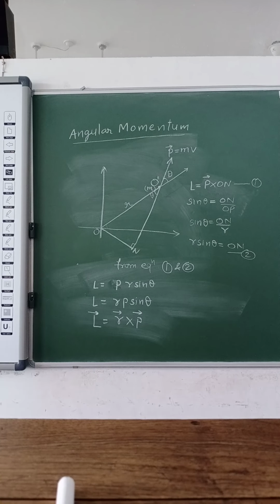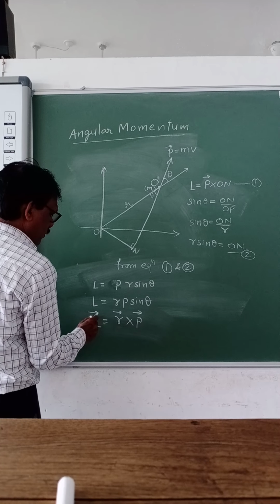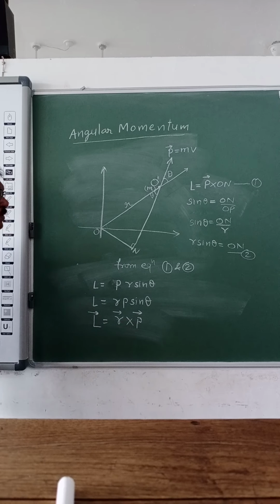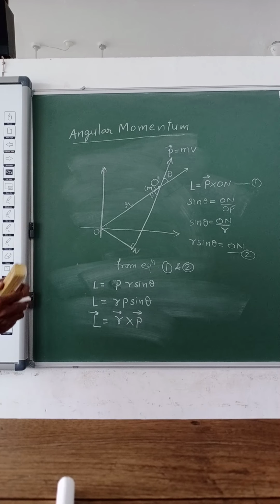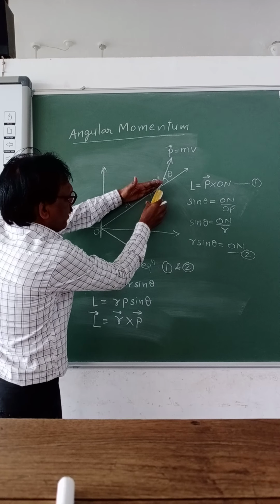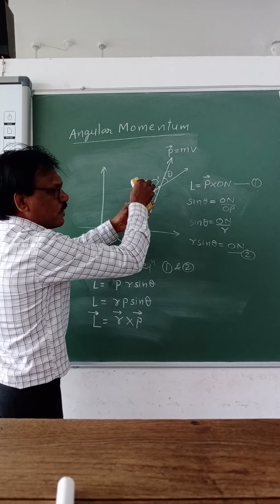Both R and P will be perpendicular to L. The product of R and P will be in the direction that gives the direction of angular momentum. For example, this is R and this is P. When we apply momentum P, the particle may rotate like this.